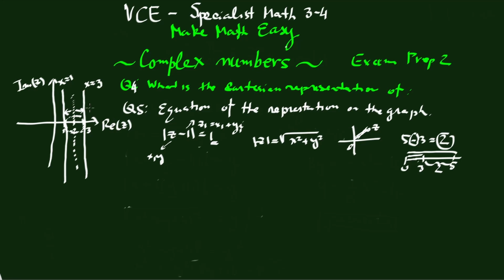So the equations of the lines are x equals 1 and x equals 3, and the imaginary part is free. The line in the middle is just the real part.